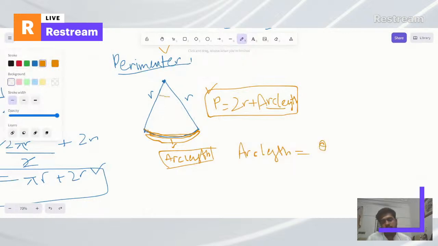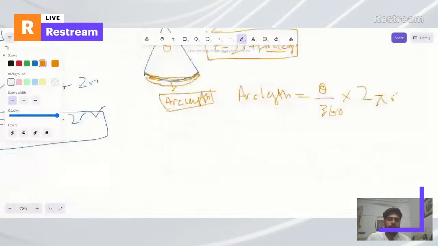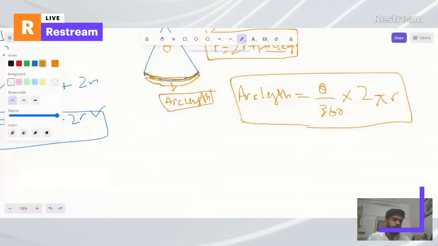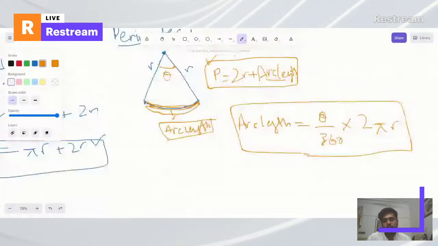This angle is going to be theta, so theta divided by 360 multiplied by the formula for circumference. The formula for circumference is 2 pi r. So this is how you find out the length of the arc.